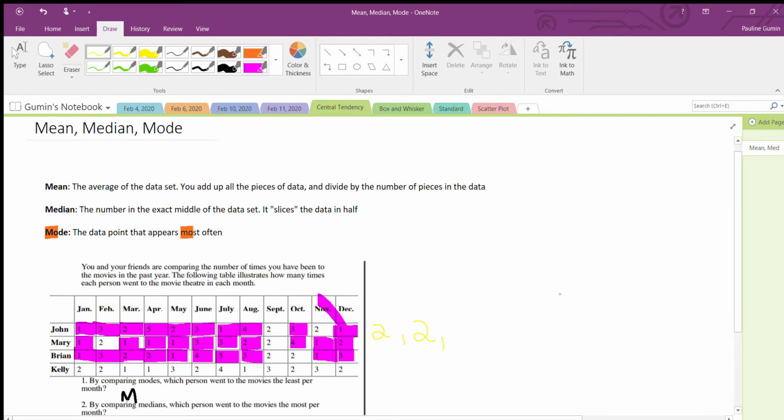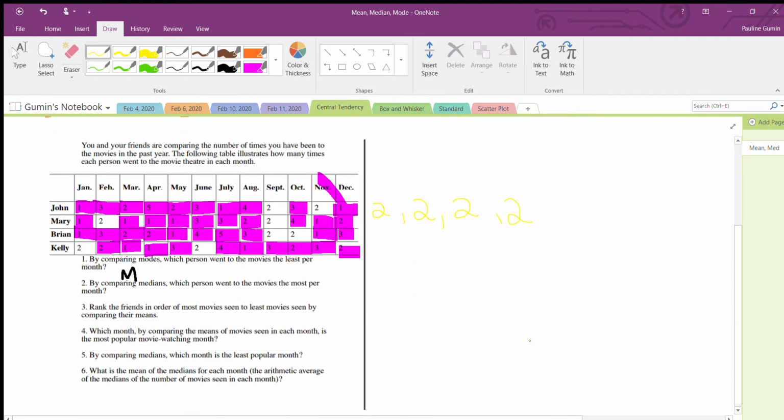Alright, Brian has a median of 2 as well. Let's see about Kelly. Looks like Kelly's median is also 2. So, using medians, none of them went the most. They all went the same. So none. They all went a median of 2.